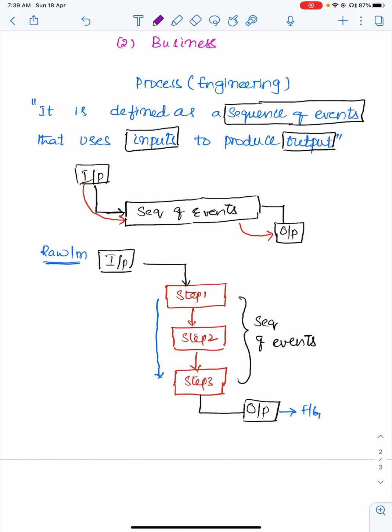Or if you give data as an input, the sequence of steps here I call certain programs. It runs these programs and gives output as information.